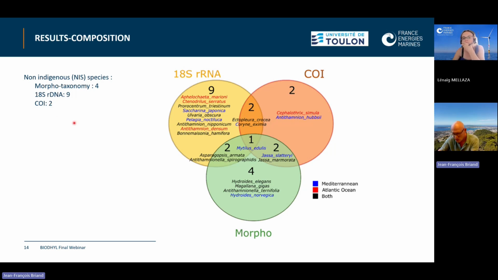So once more, the molecular approach gives a higher number of species. And there is only one that is common to all of these, which is Mytilus, a non-indigenous species in the Mediterranean Sea.